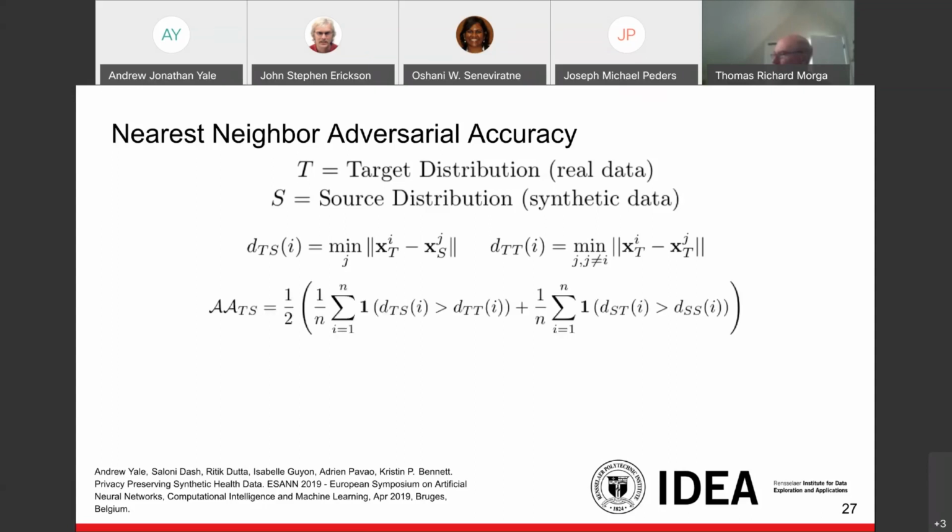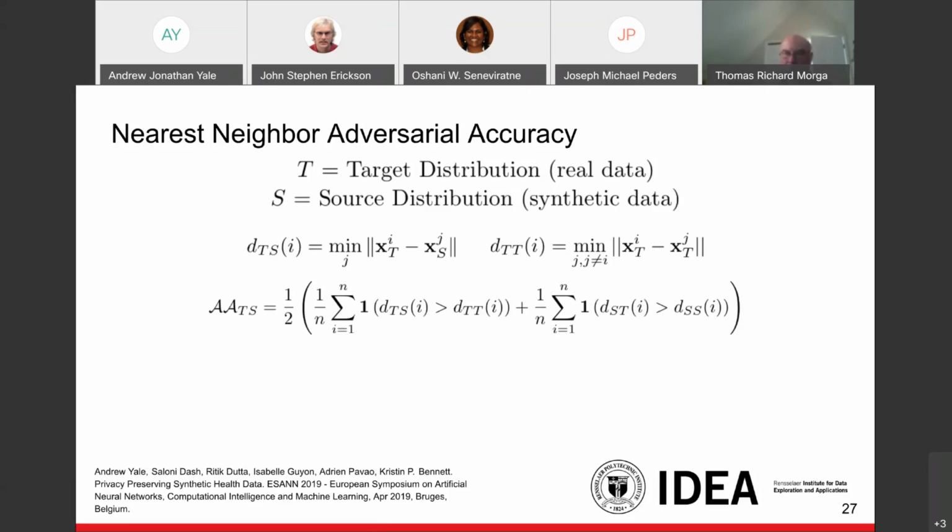And so the idea is with DTS, DTT, as well as DST and DSS, we can create this balanced accuracy type metric, which looks at whether from any point I, your closest neighbor is within your own data set or outside of your own data set in the synthetic data.